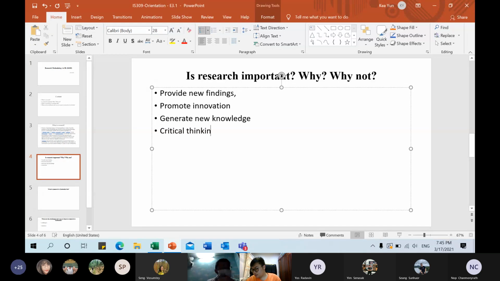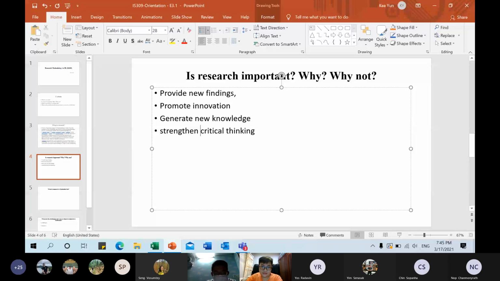What's that verb? Strengthen, right? Critical thinking. Okay. All right. What else?